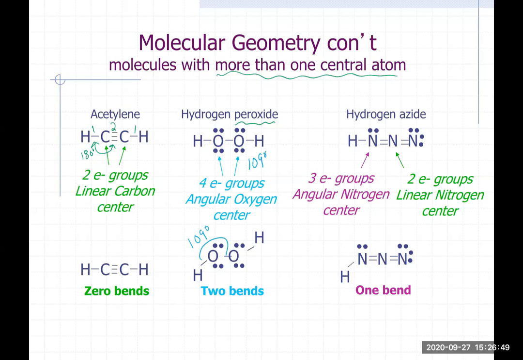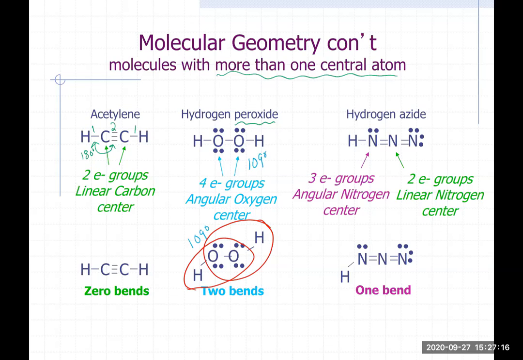And so you notice how this whole part of the molecule over here is bent, and I'll use red. And if we looked at the other side of the molecule, this whole side is also bent.